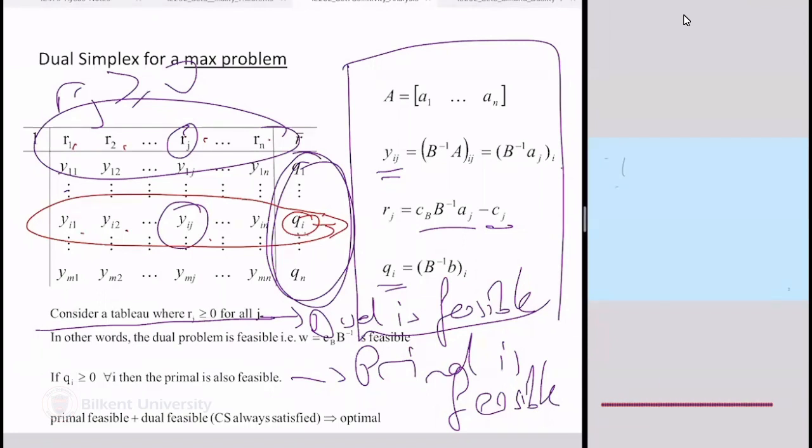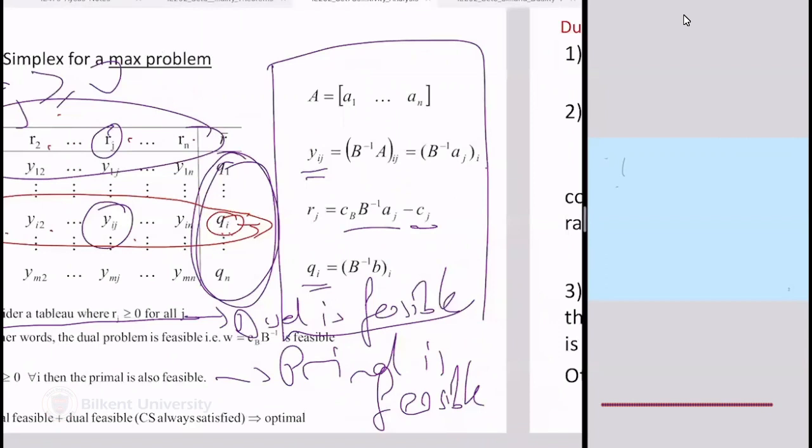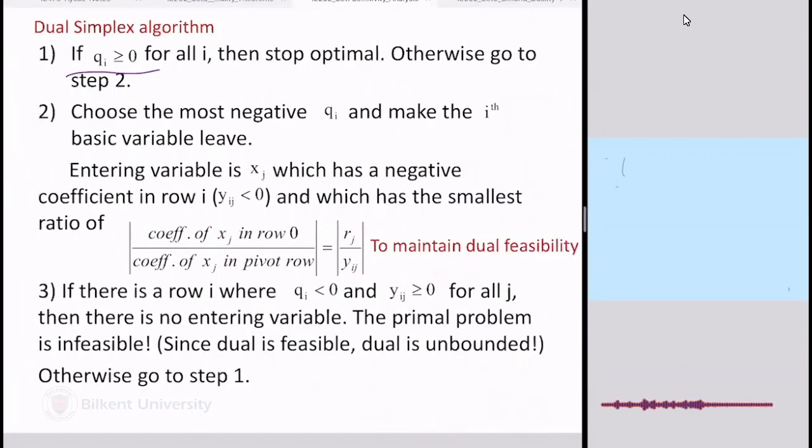I have to make sure that in the next iteration row 0 remains non-negative, which brings us to the ratio test of dual simplex. I determined my leaving variable. Now the entering variable is an x for which row 0 remains dual feasible.